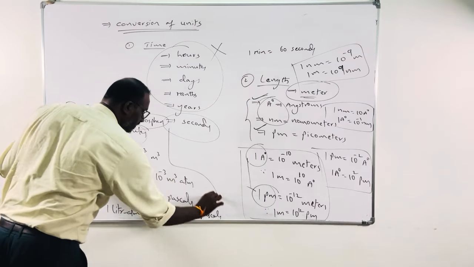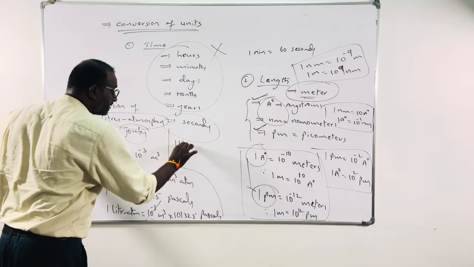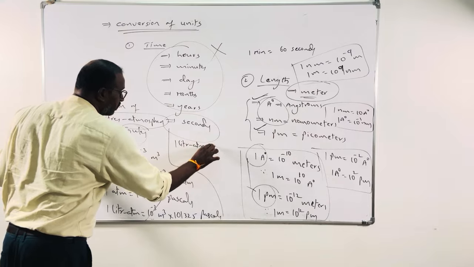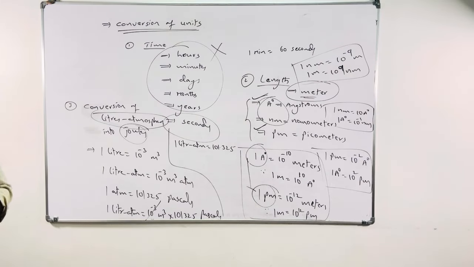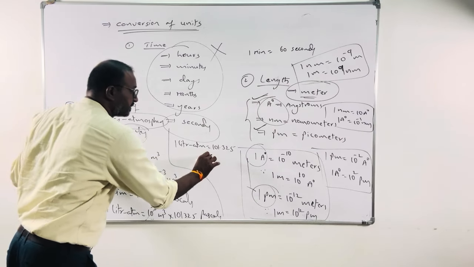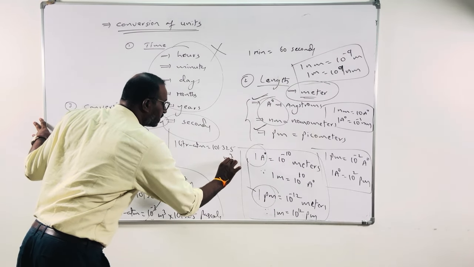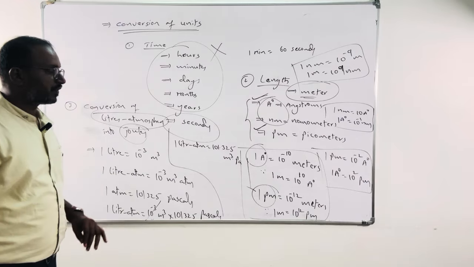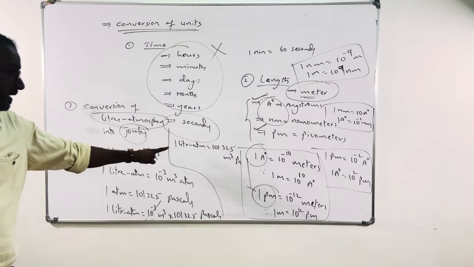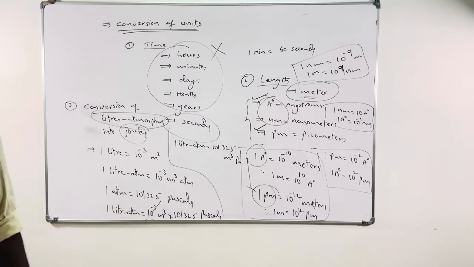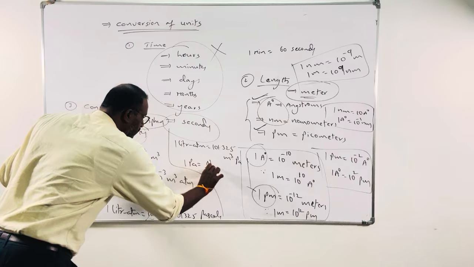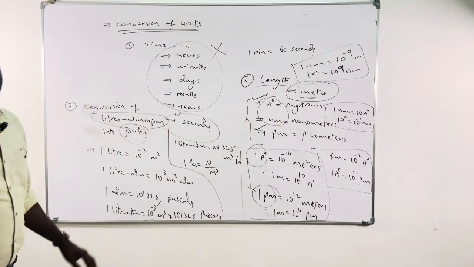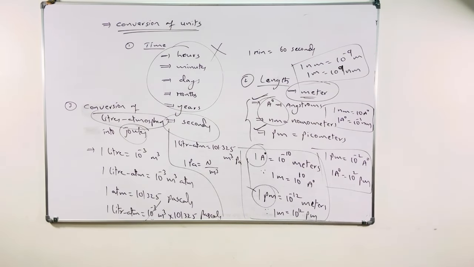From this, what you can write is 1 liter atmosphere equals 101.325 meter cube pascals. Actually 1 pascal equals 1 newton per meter square.